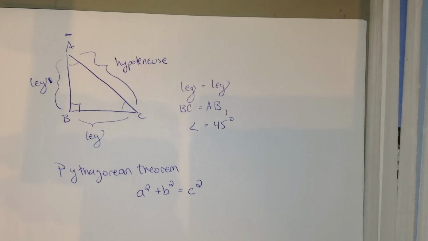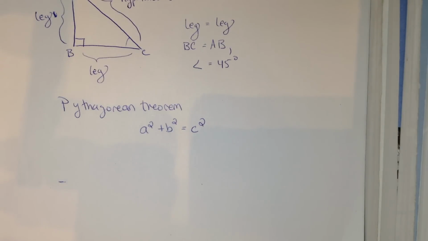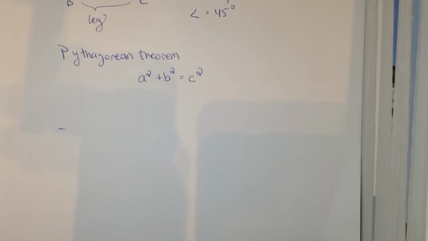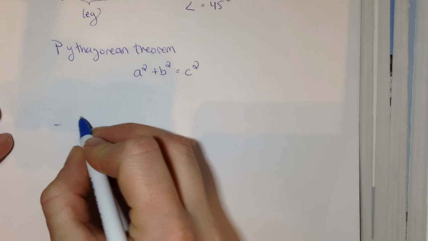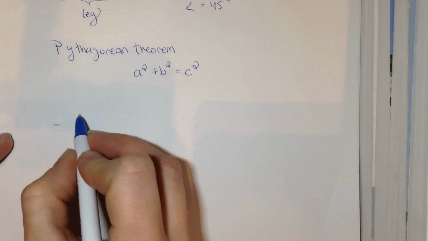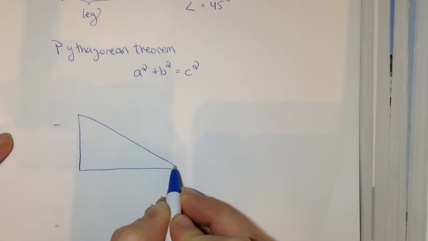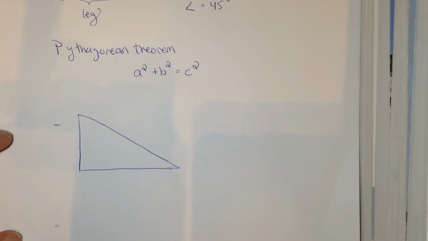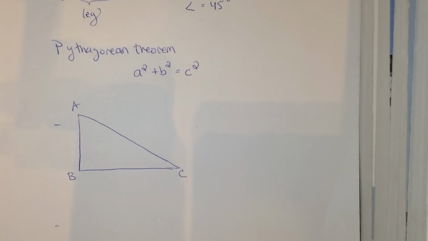The other trigonometric principles that are going to be very useful are our basic trig functions. All right, I'm going to redraw a triangle here. Another right triangle. Again, name this with the same convention, triangle ABC.